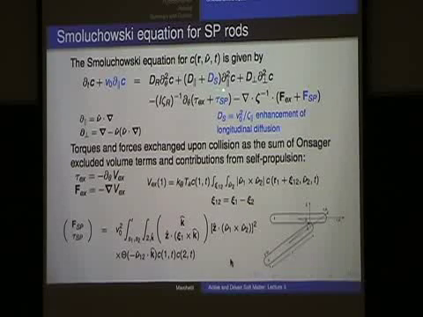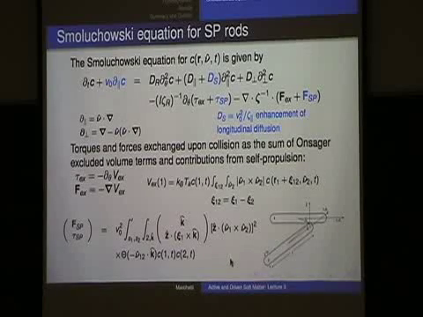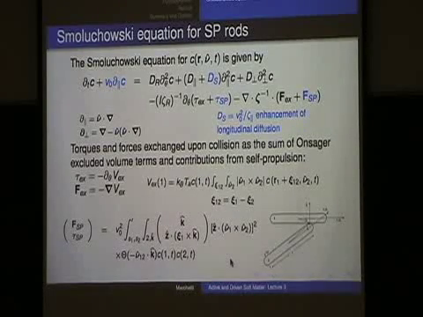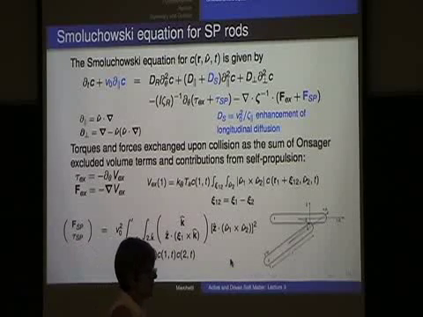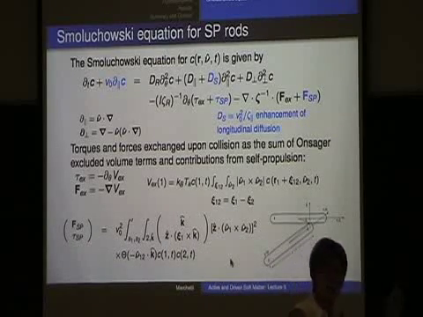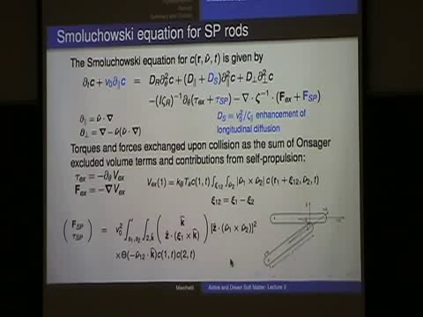And we find an enhancement of longitudinal diffusion, this Ds, where this Ds actually goes like v naught squared. This is simply because a self-propelled rod is undergoing something called a persistent random walk, and so its longitudinal diffusion is enhanced by a term proportional to v naught squared.